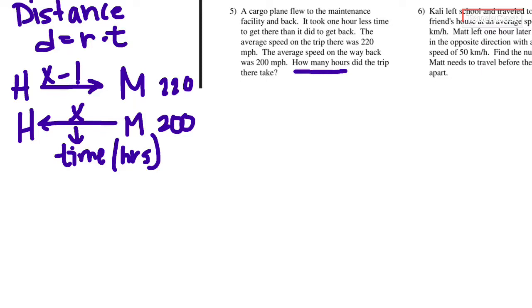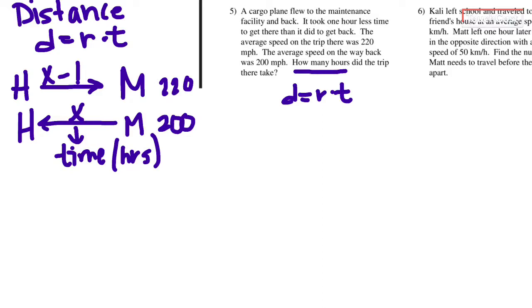So now let's go ahead and set up our formula. And we know that distance is equal to rate times time once again. And what we want to do is make sure to think about which of these variables is actually equal. And that will help you to set up these distance problems, because you can either make them where one side is equal to the other, or you can make them a combination of two things.